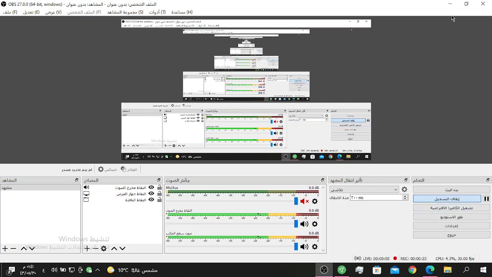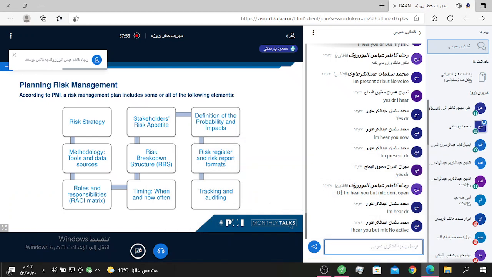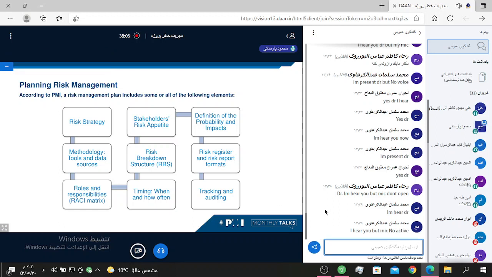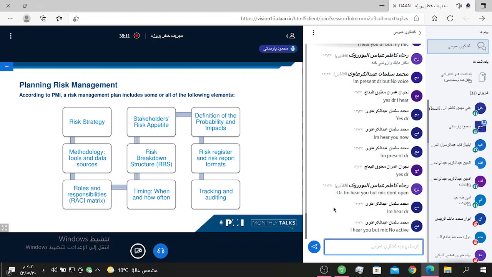So the risk management plan includes some or all of these items. On the left top, risk strategy. After that, methodology, such as tools and techniques and data sources.